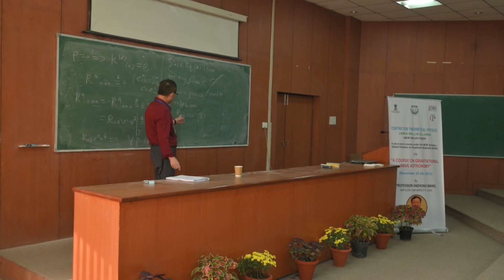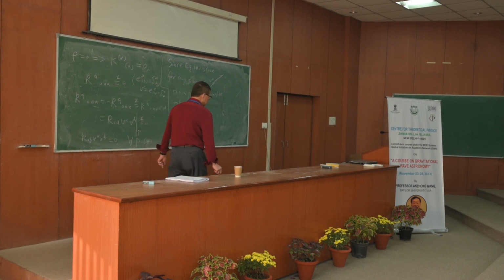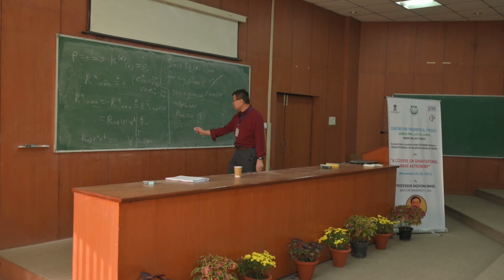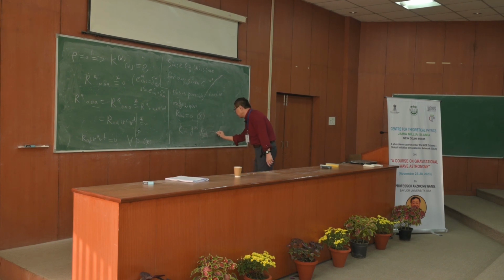Now, how do we get something actually beyond this one? Before we get this one, I'm going to write this one. This is called the Ricci scalar, R equals g^{ab} R_{ab}. Since R_{ab} equals 0, this R is also 0, right?